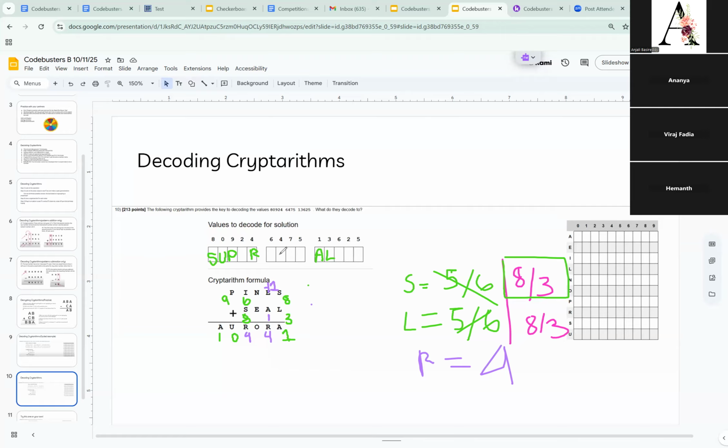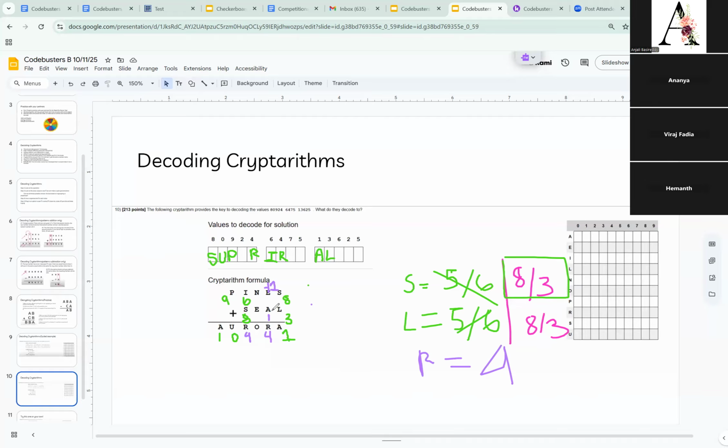Oh yeah, 'cause it needs to carry over, and there's a 4 on the bottom. Do you get why R is 4 first? Ananya? Not really. Okay. So R would be 4 because we know that A is 1, right?